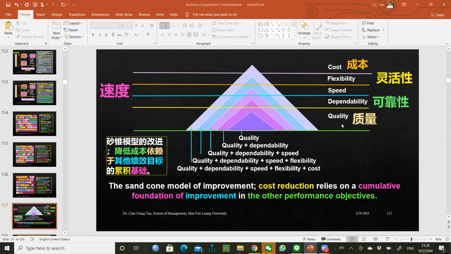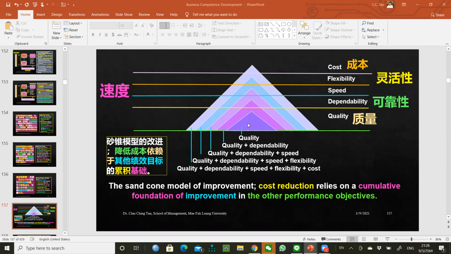And cost is at the end, because cost comes from the ability to be flexible, speed, dependability, quality. And quality is when you build the sand cone, right? So if the bottom is very stable, that is the most important, right? If the bottom collapses, the whole sand cone collapses. So therefore, quality is very important.